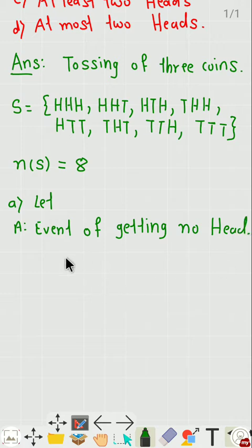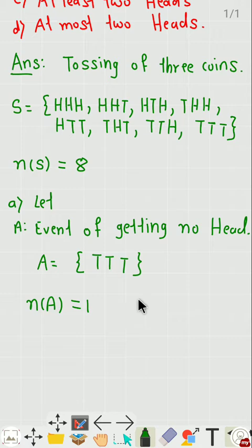No head means this event A must have only one outcome, and that outcome is all tails. So n of A is 1.